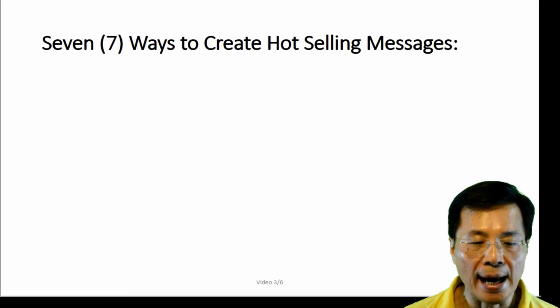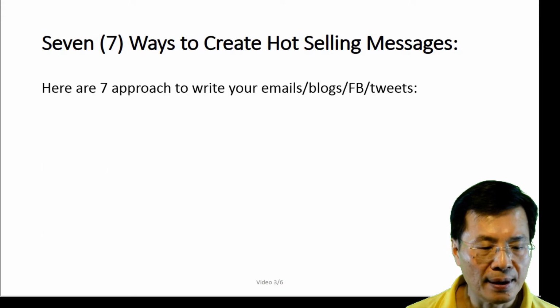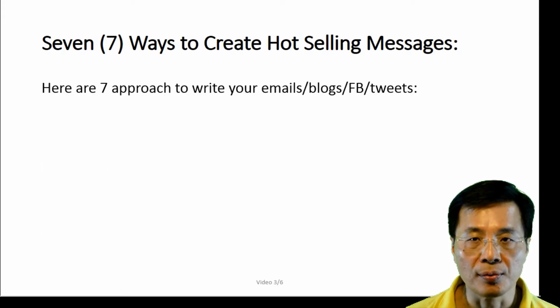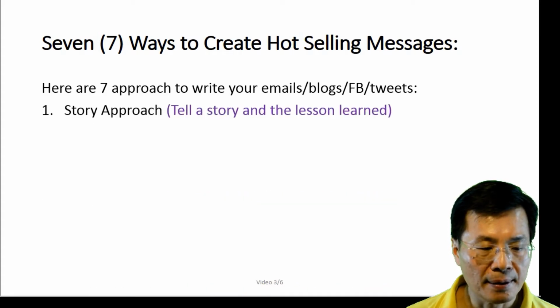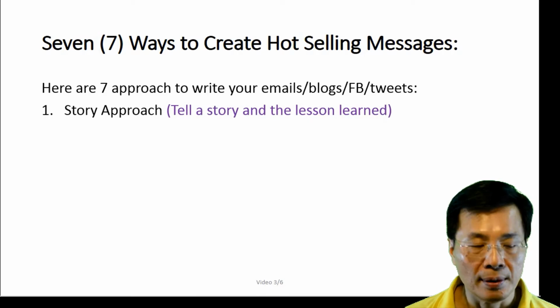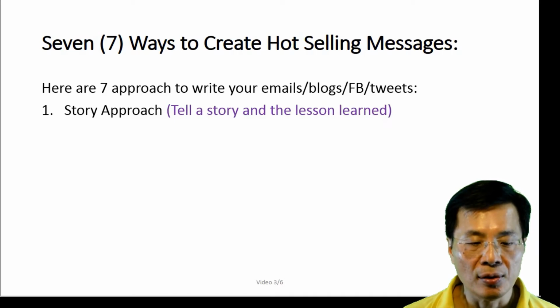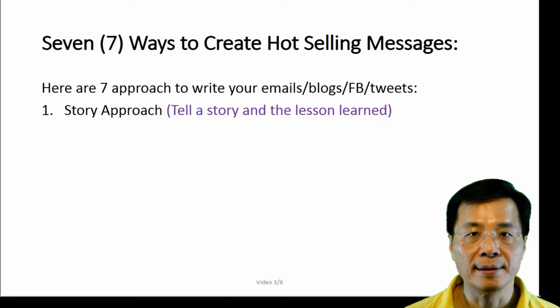7 ways to create hot selling messages. Here are 7 approaches to write your emails, blogs, Facebook posts, or tweets. Number 1 is a story approach. In this approach, you tell a story and share the lesson that you learn.